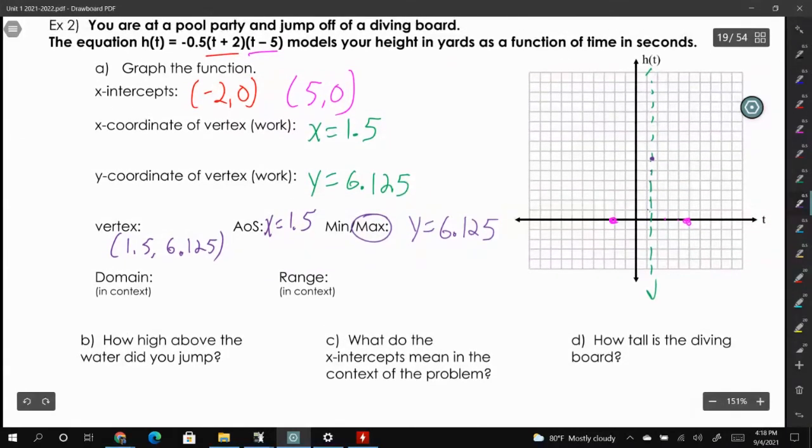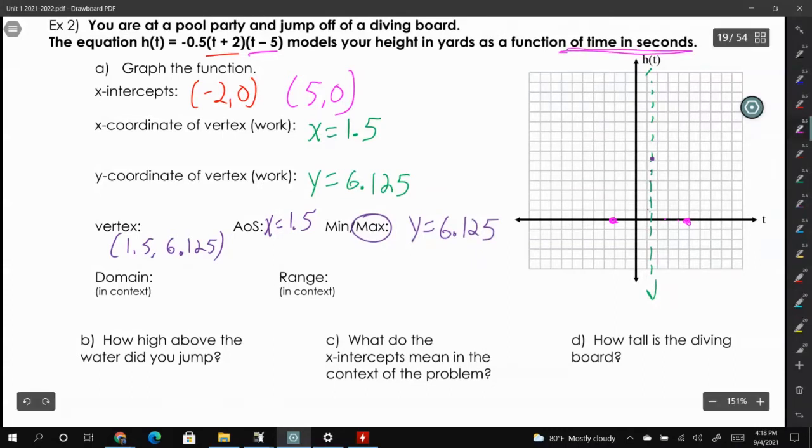Now, looking at the other parts here, it says in context, because we said, oh, domain is going to be all real numbers, or negative infinity to infinity. In a non-story problem, that would be true, but we are in the middle of a diving board problem, so we got to think about what makes sense.